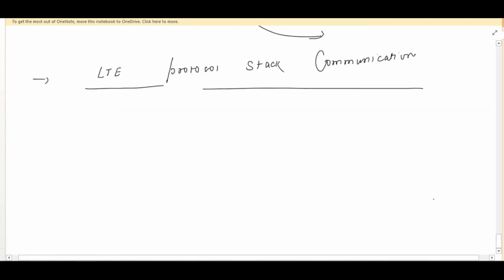If you see the end-to-end network architecture of LTE, your UE is communicating with the EUTRAN, and the EUTRAN communicates with the EPC, Evolved Packet Core.